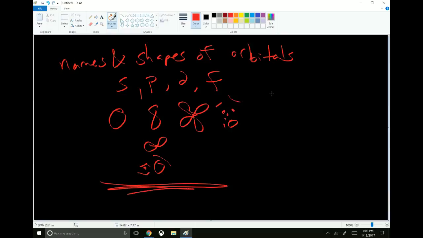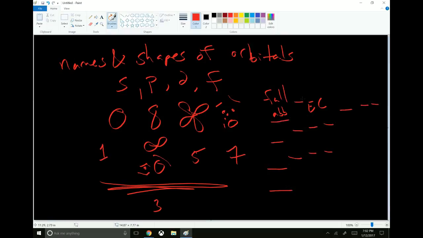Also, know about full and abbreviated electron configurations. Know that S is 1 orbital, P has 3 orbitals, there are 5 D and 7 F. You need to know about orbital filling, so it goes 1s, 2s, 2p, 3s, 3p, 4s, 3d, 4p, and so on.